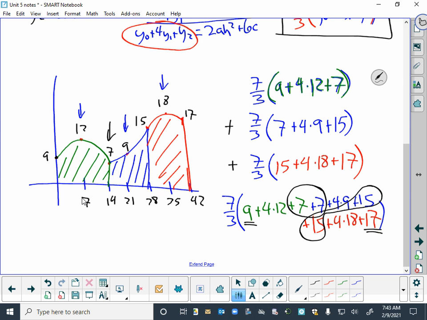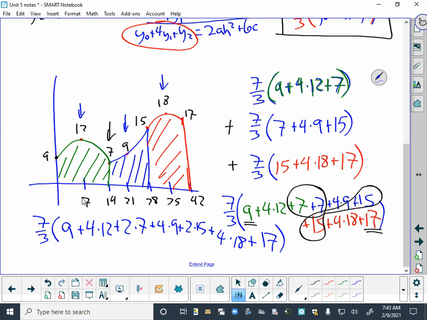And so I could rewrite this whole thing as 7/3 times 9 plus 4 of the 12s plus 2 of the 7s plus 4 of the 9s plus 2 of the 15s plus 4 of the 18s plus the 17.